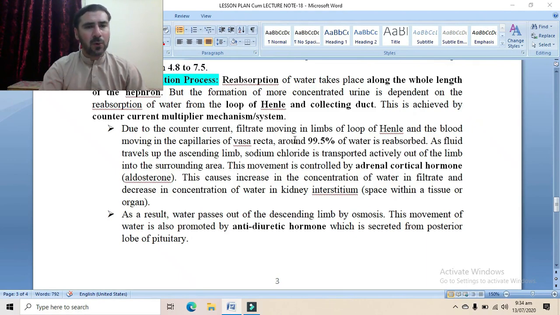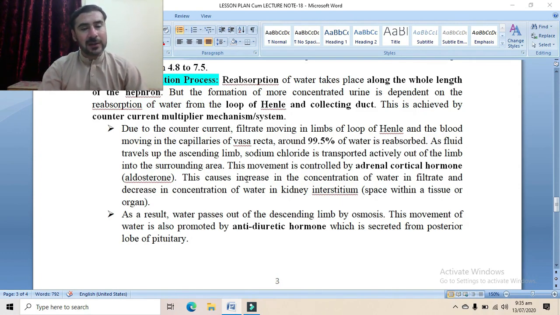These two hormones will travel through the blood and reach the loop of Henle and the other renal tubules, the proximal and distal tubules. And under this signal, the sodium chloride ions are actively transported from the ascending limb into the surrounding space, into the surrounding area.